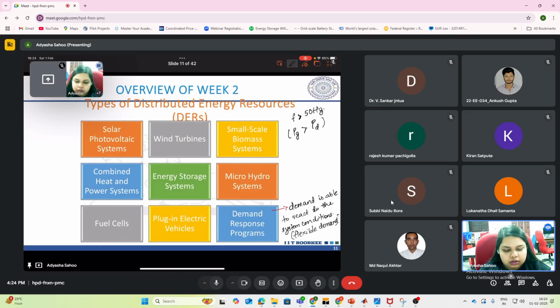So to maintain the frequency at 50 hertz, to bring the frequency back to 50 hertz, we have two options. The first one is either to decrease the generation or to increase the power demand.